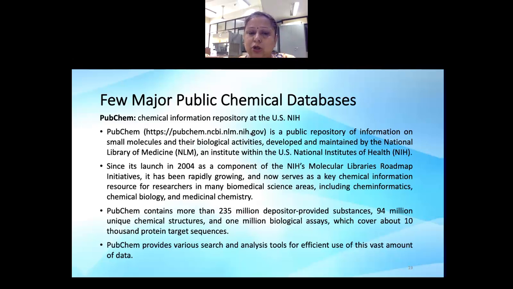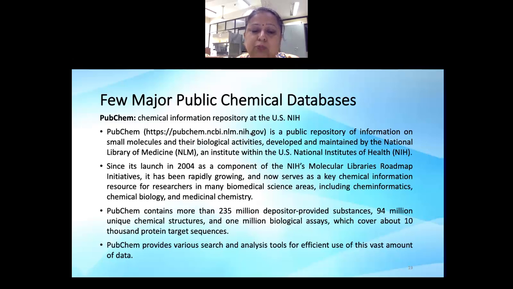It was launched in 2004 as a component of NIH's Molecular Libraries Roadmap initiatives, and has been rapidly growing and now serves as a key chemical information resource for researchers in many biomedical science areas, including bioinformatics, chemical biology, and medicinal chemistry.